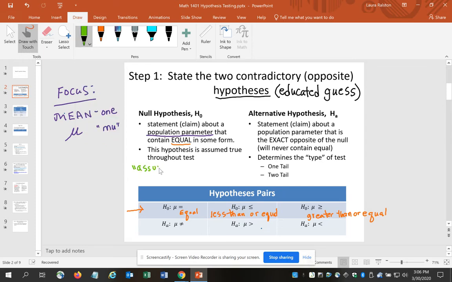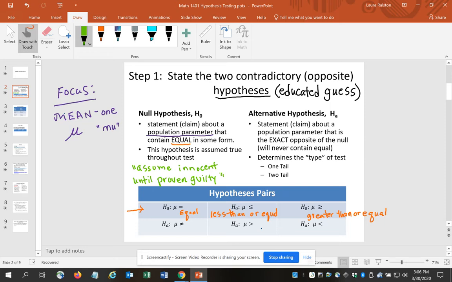So if you think about it as a court case, an individual is assumed innocent until proven guilty or proven otherwise. The same is true with the null hypothesis. The null hypothesis is assumed to be true unless we prove otherwise.